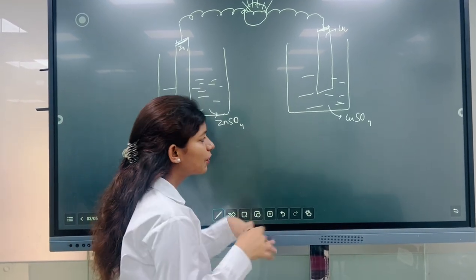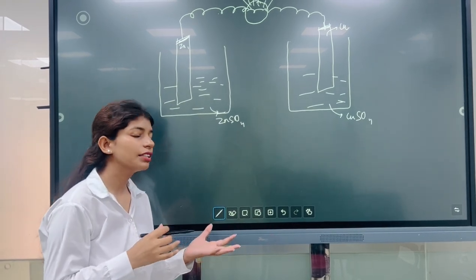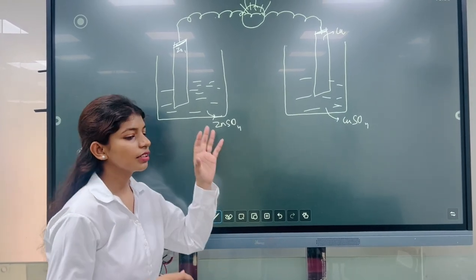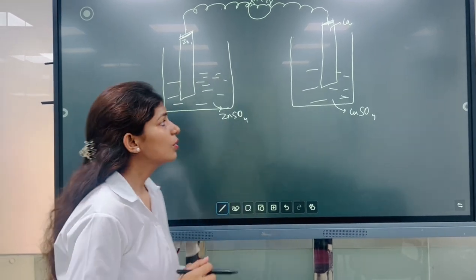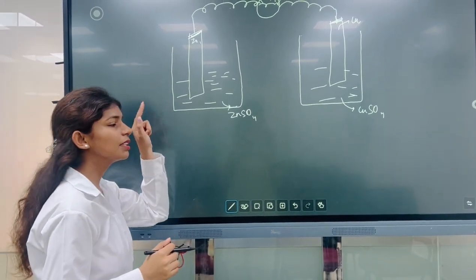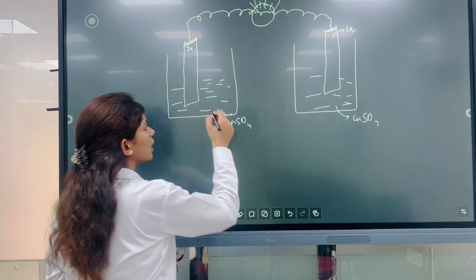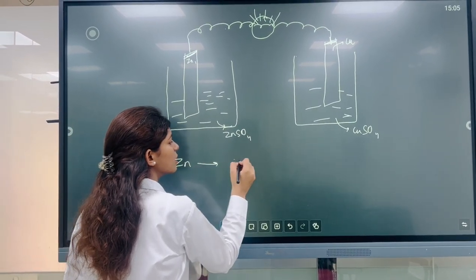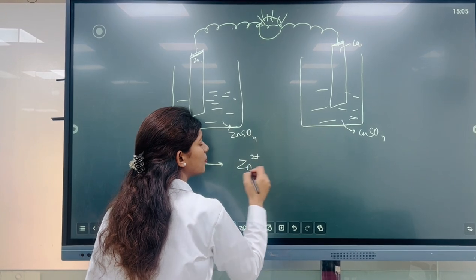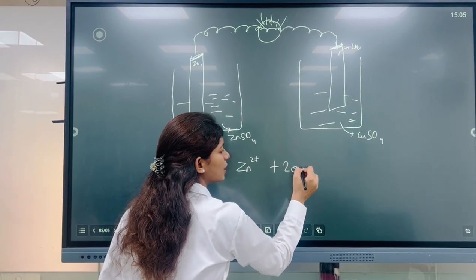Before, we saw that there was no connection, and the redox setup was in a single beaker. Now we have a zinc rod which is dipped in the zinc sulfate solution. Here zinc will again lose electrons, producing Zn2+ ions and 2 electrons.